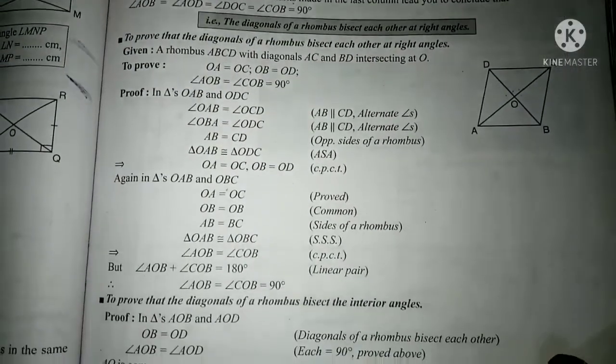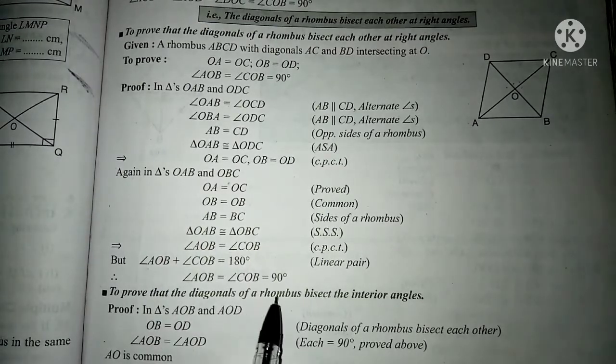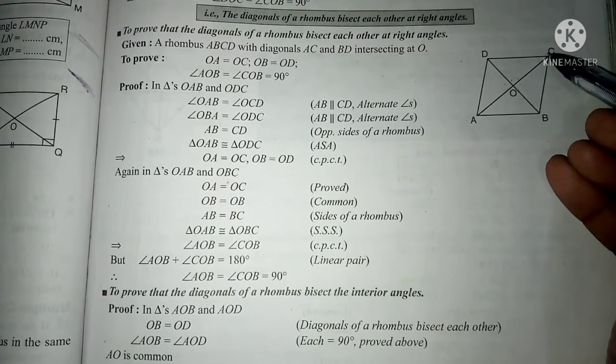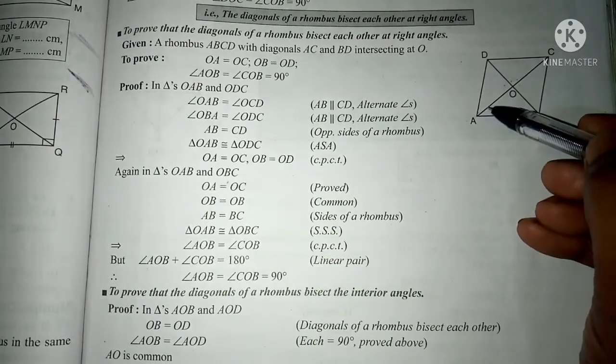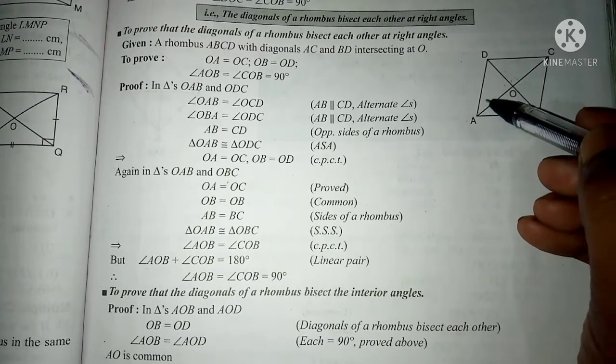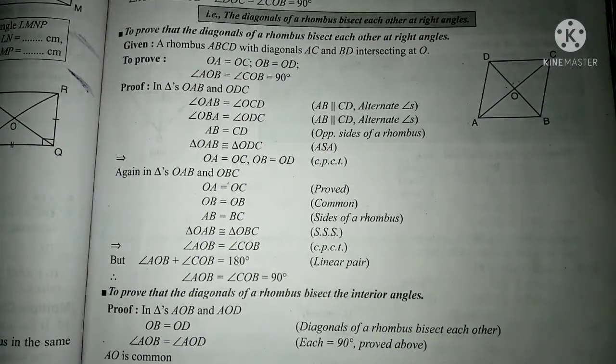One more property: the diagonals of a rhombus bisect the interior angles. You can see here, AC is the diagonal, this angle is divided into two parts by the diagonal AC, and these two are always equal. You should remember all these things.